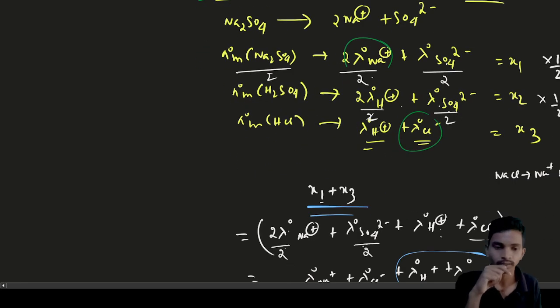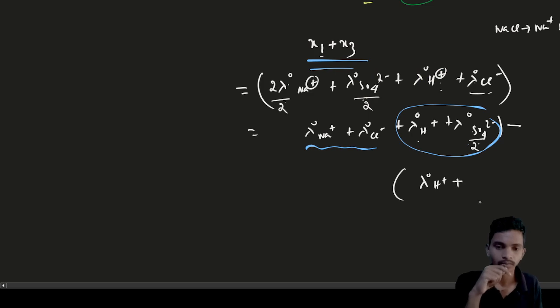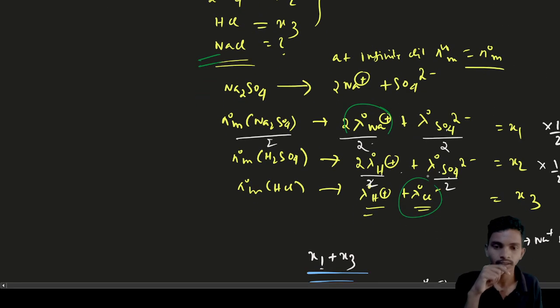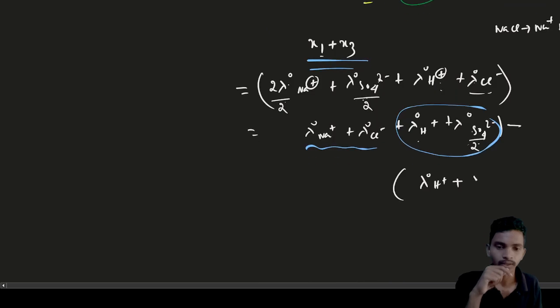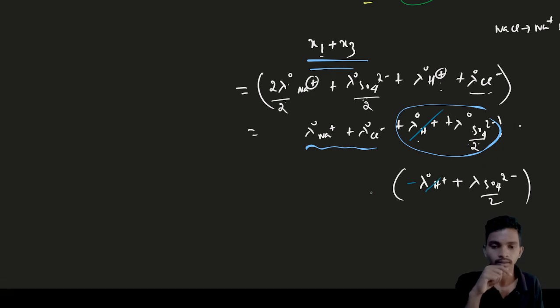So whenever I divide it, then only this value will come. After that, here this divided will come. Okay, now we can cancel it. Here minus is there, so this will become minus, so this cancels, and this whole minus means here also minus will come.